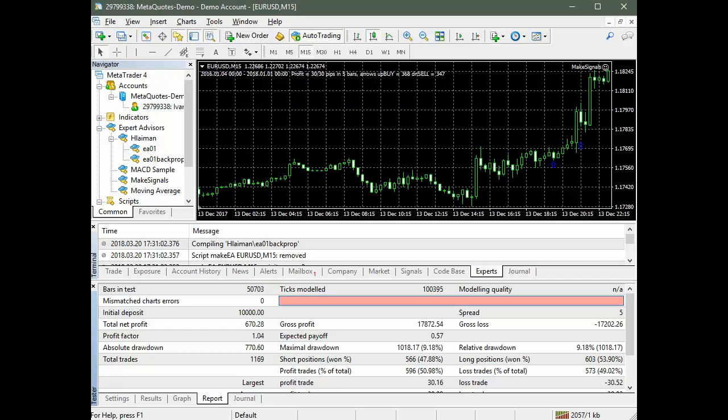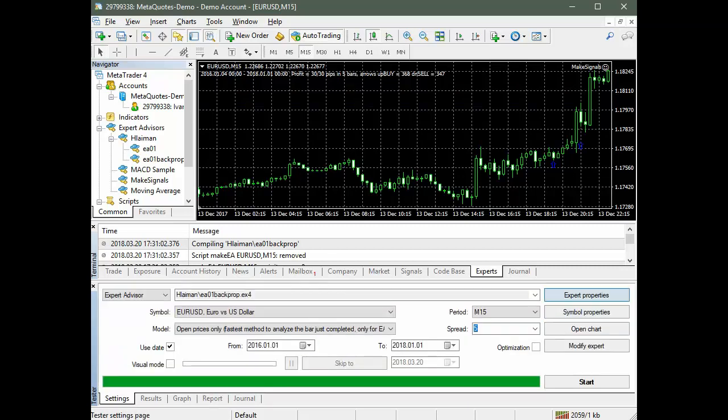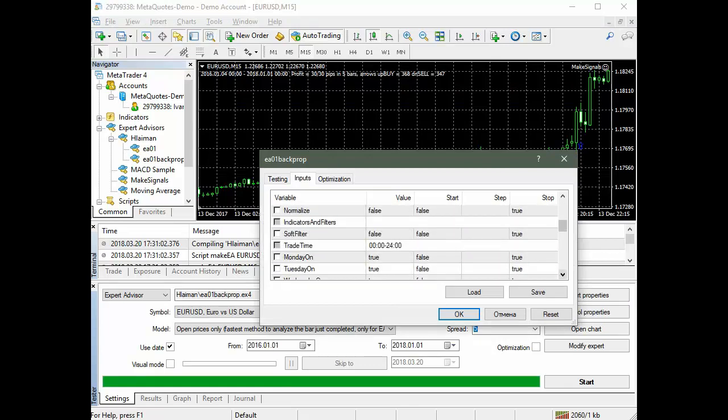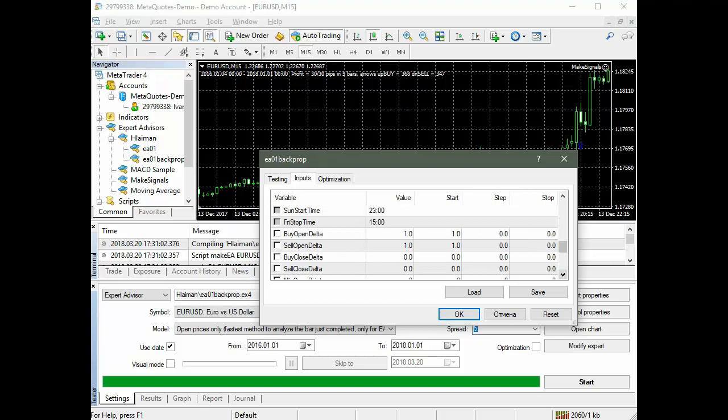The results can be slightly improved if the percent of the permissible neural network error, delta, is reduced. To do this, we change the corresponding parameters, buy open delta and sell open delta, of the expert advisor.